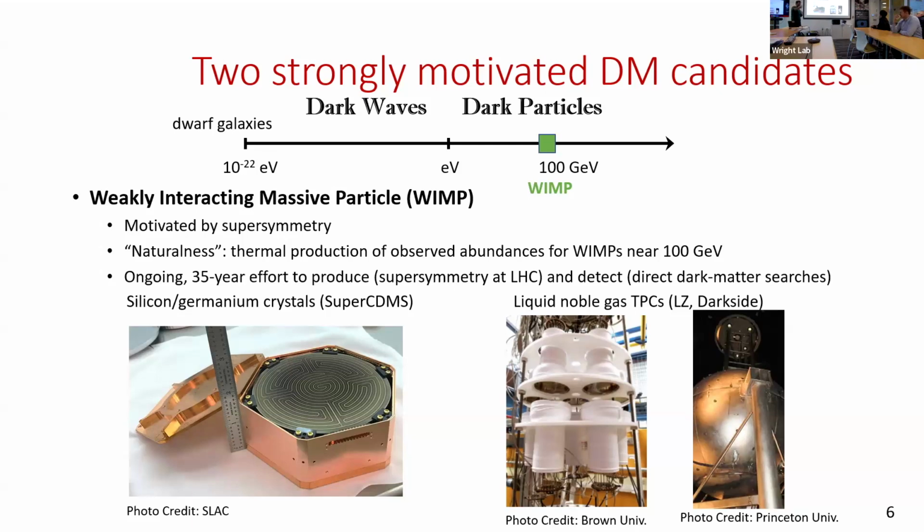This has been motivated from two directions, both supersymmetric extensions of the standard model and what is known as the WIMP miracle: that if you had a thermal relic of roughly the weak interaction cross section near 100 GeV, you would get the abundance of dark matter that you see today. And these two things have motivated a number of searches over the last 35 years to both produce via supersymmetry and detect through direct dark matter searches this WIMP particle.